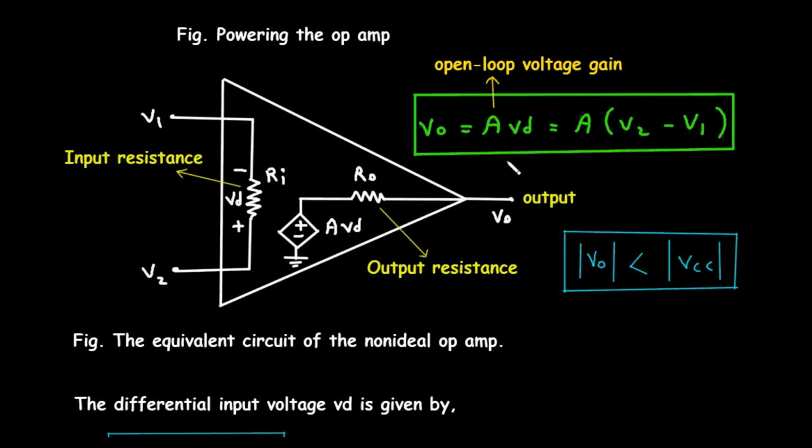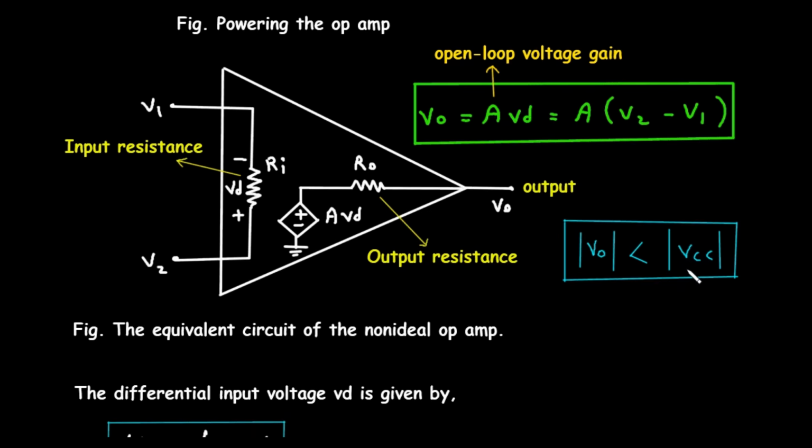However, this is only true when the op-amp is in its linear operating region. The output voltage VO can never exceed the power supply voltage, as shown by the inequality: magnitude of VO is always less than VCC.